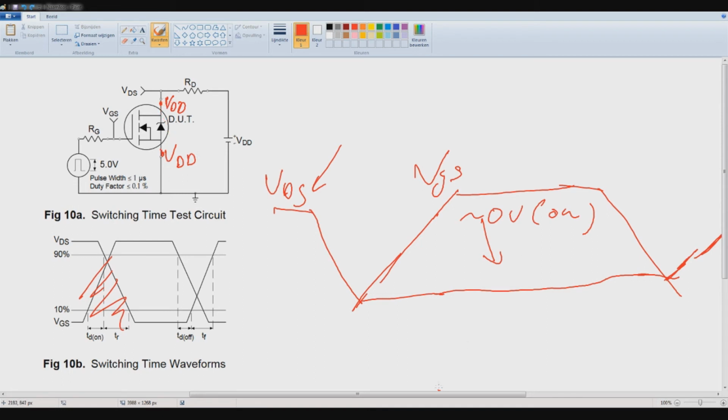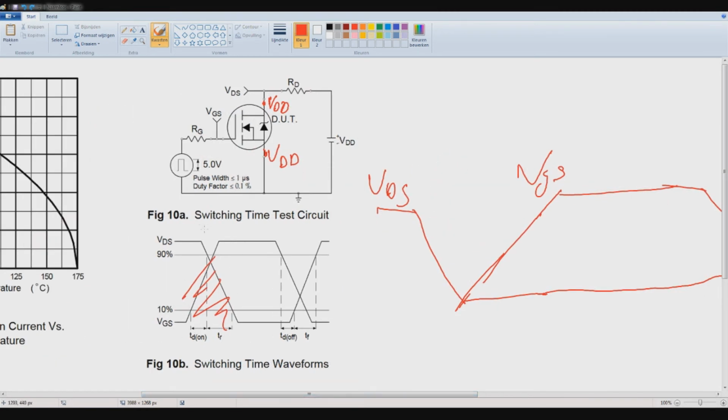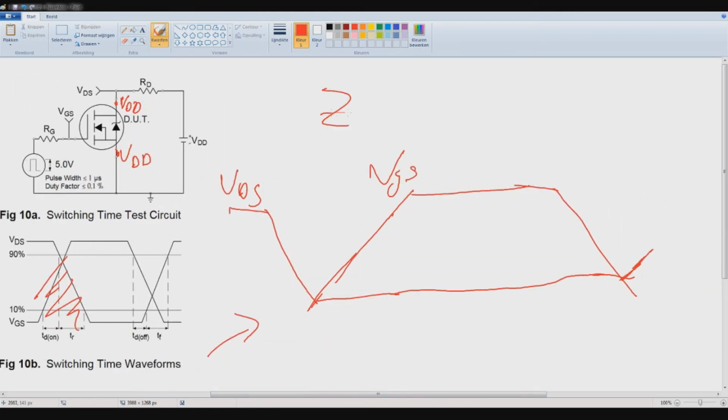So keep that in mind, that you don't think, oh, this is on because the voltage is higher. No, that's when it's off. So that's things to keep in mind when dealing with switching. If you want high efficiency, you should go this way, and this is 0 voltage switching.